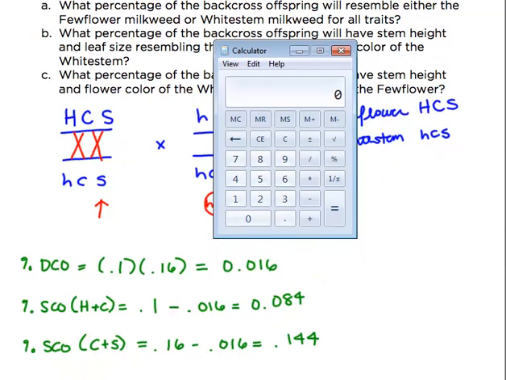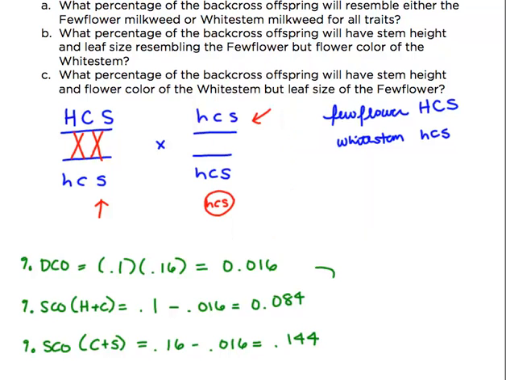you get 0.016 plus 0.084 plus 0.144, and that equals 0.244. And remember, this is total recombinance.